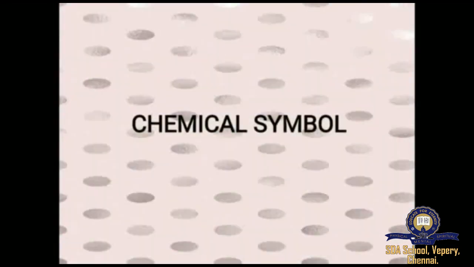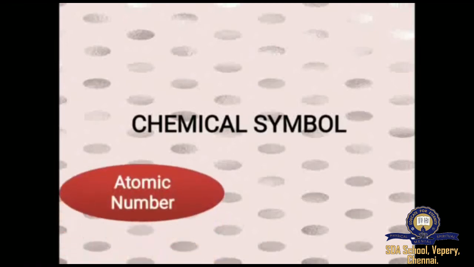Chemical symbol. Now we are going to learn how to write the chemical symbol for an element. A chemical symbol consists of the atomic number. The atomic number will be written at the bottom left as a subscript.